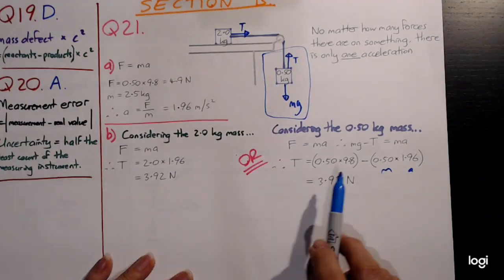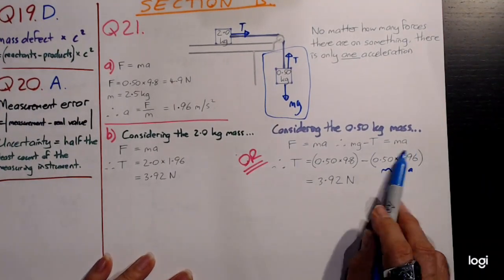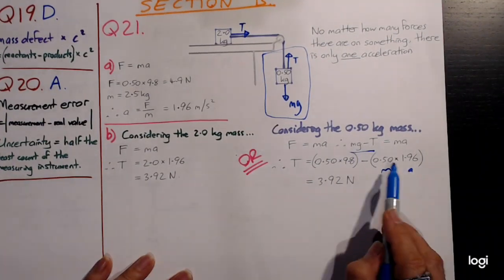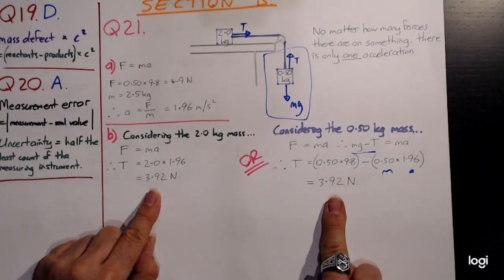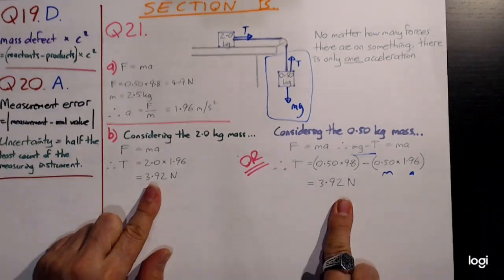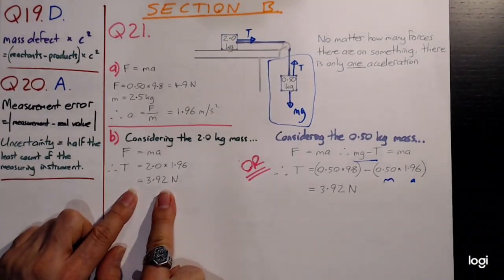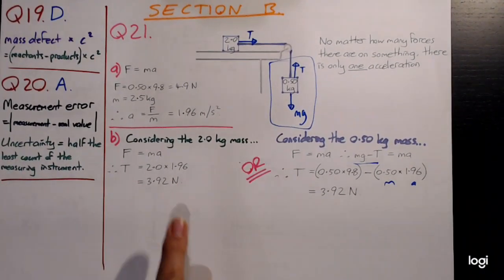So it's mg minus tension equals ma. That's the expression for F. And then you solve that for the tension and you still get the same answer, whichever way you go. Okay? So pick the thing that's got fewer forces on it and you'll do less calculating and you'll have less chance of making a mistake.